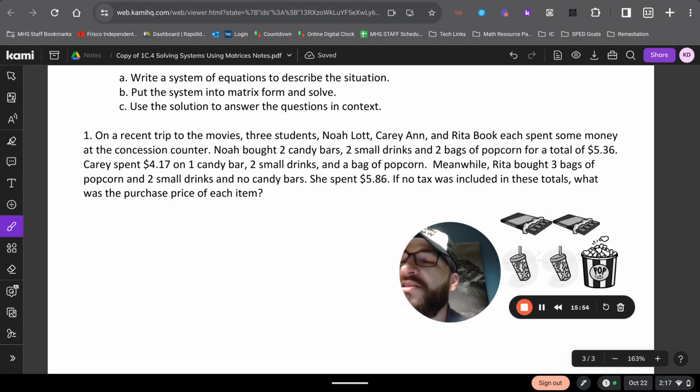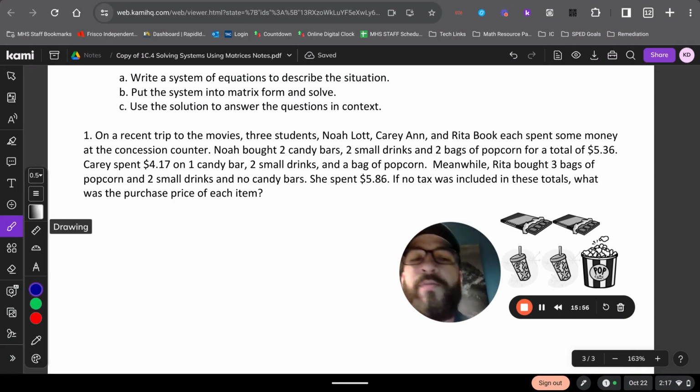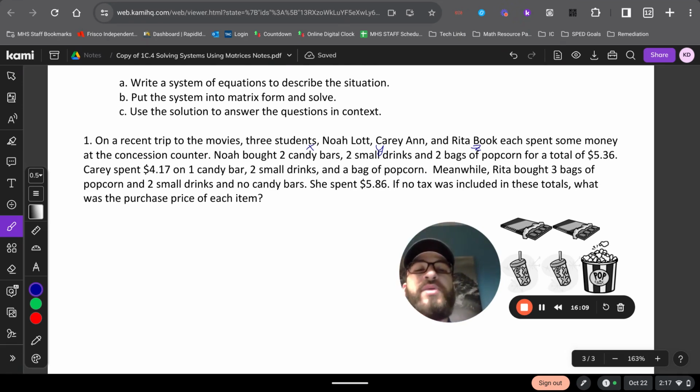So first and foremost, let's go ahead and decide which variable is going to be which. So let's go ahead and make candy bars x, small drinks y, and bags of popcorn z. And then our first child, Noah, he bought 2 candy bars, 2 small drinks, and 2 bags of popcorn. So 2x plus 2y plus 2z.